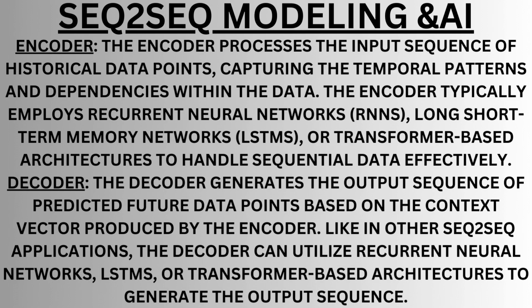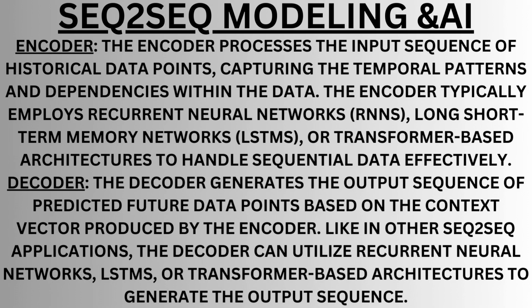Decoder. The decoder generates the output sequence of predicted future data points based on the context vector produced by the encoder. Like in other sequence-to-sequence applications, the decoder can utilize recurrent neural networks, LSTMs, or transformer-based architectures to generate the output sequence.